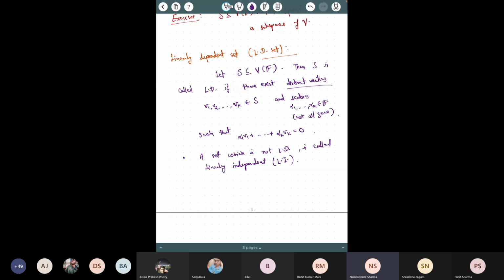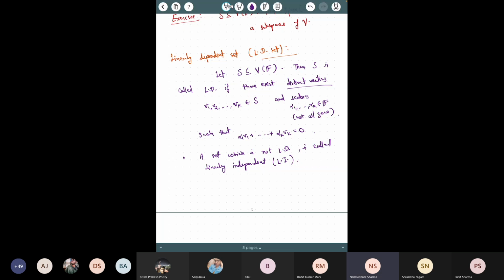Let S be a subset of V over F, then S is called linearly independent if there exist non-zero vi belonging to S and scalars alpha i belonging to F such that summation alpha i vi equals 0 for all alpha i equals 0.